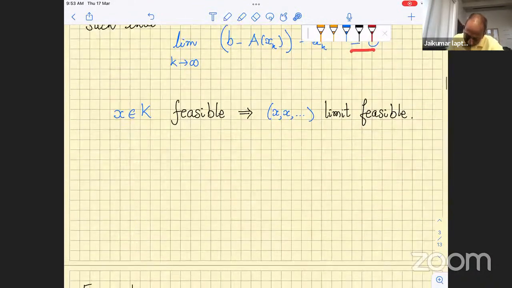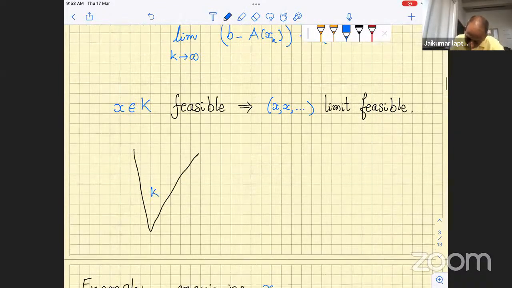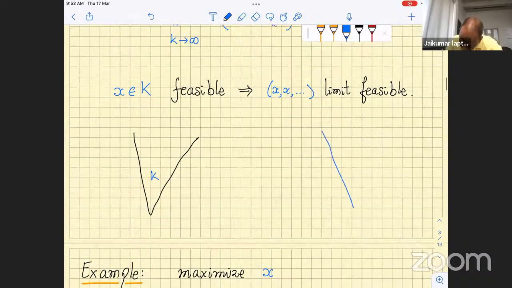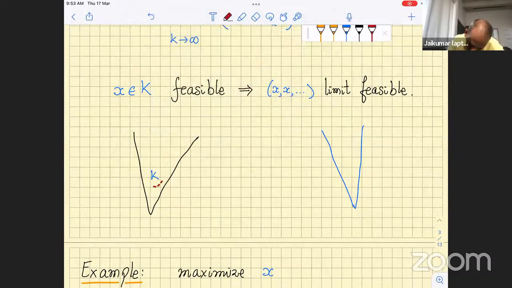So let me maybe draw a picture. Maybe it's clear to you already. This is the cone K, and this is the cone L. Now I'm taking a sequence of points here, going in this direction maybe.